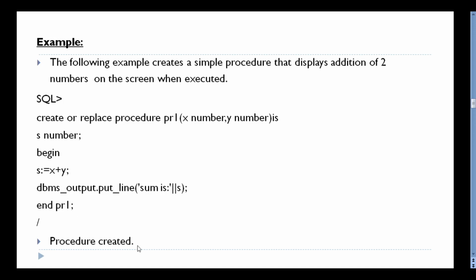When you execute this statement, it displays procedure created. If you get procedure created with compilation errors, to know the errors at the SQL prompt, type the command SHOW ERRORS; and press enter. Then you can know the errors in the procedure or function.